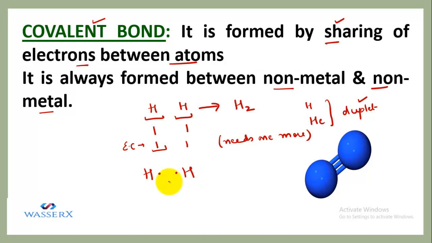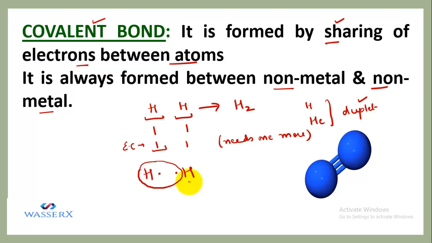While combining, both of them contribute the same number of electrons, and those electrons form a shared pair. This one is contributing 1 electron and this one is also contributing 1 electron, and we need to put them in the middle. So now this hydrogen has its own 1 electron and it is sharing the electron of the other hydrogen atom.